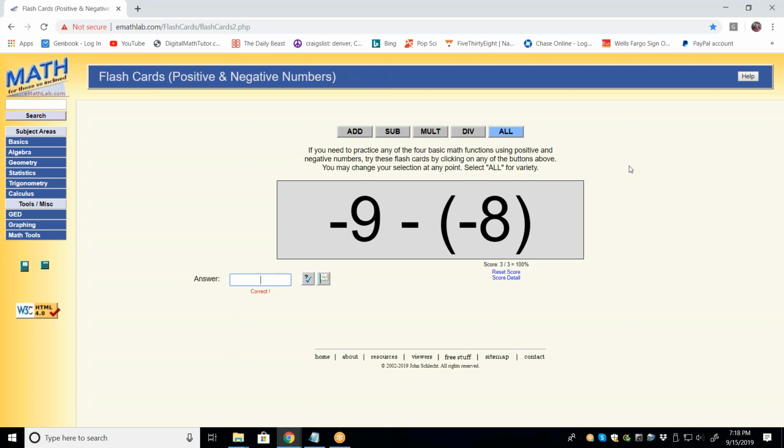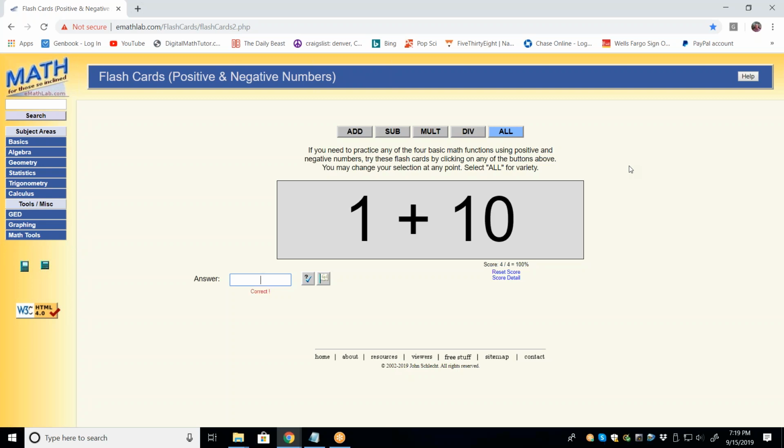In other words, this is a subtraction problem that we're going to turn into an addition problem. So we change the middle sign to a plus. We change the -8 to a plus. And then you're adding a negative number to a positive number, which you subtract the two numbers and you put the sign of the bigger number, which is 9. So the sign is indeed -1.